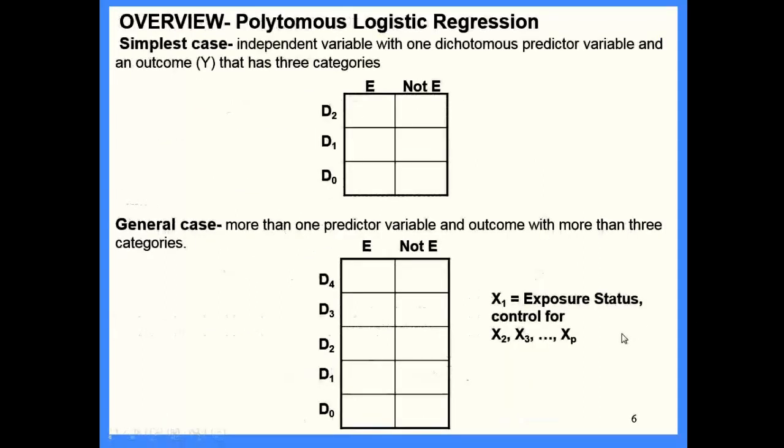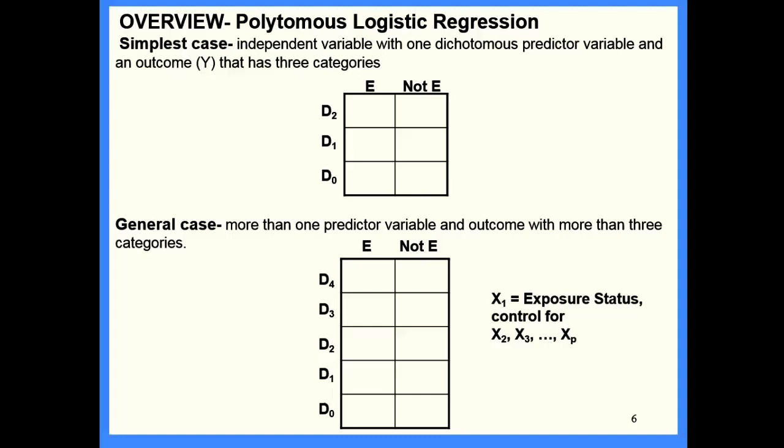Now we're going to talk about a situation where you can have more than two possible outcomes. And the simplest situation can be expressed by what's in this table. Okay, simple situation. You have a single exposure variable, and you either have it or you don't have it. And you have an outcome variable, and the simple thing is you have an outcome variable with 3 categories, not 2 categories.